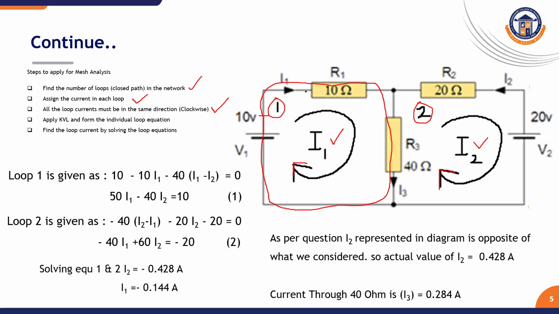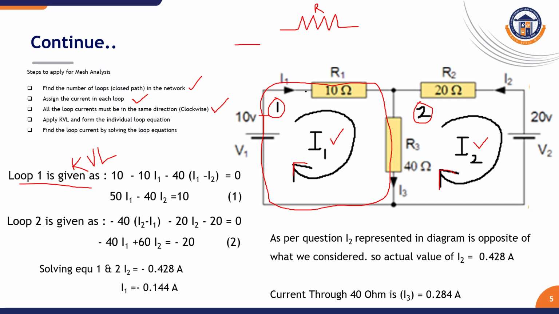In this loop 1, I'm going to apply the KVL, Kirchhoff voltage law, to form the equation. Before applying the equation, one important point: here is a resistor, R value.